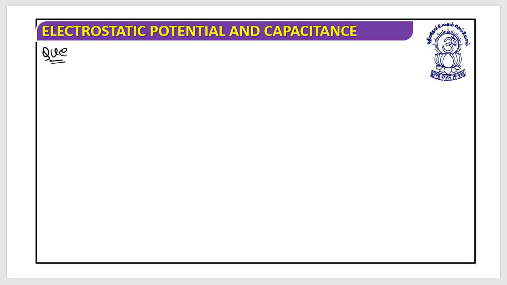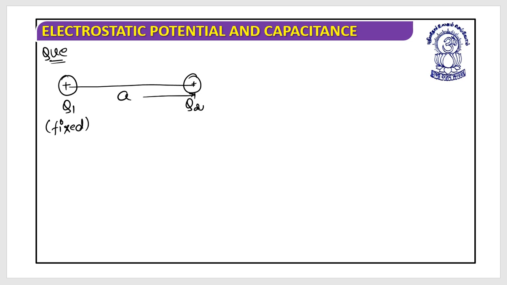Let's move on to the next and new category of questions. What they have said is that a charge q1 is there, and it is fixed here. And another charge, again positive, is q2. Initially these two have a separation of a, and at this position it is at rest.